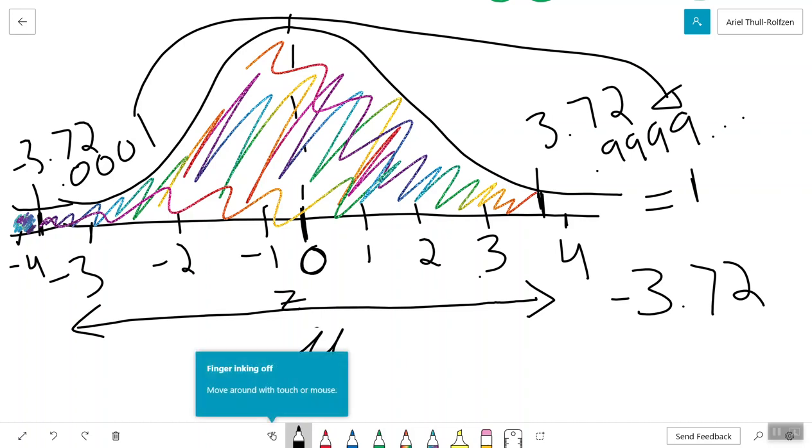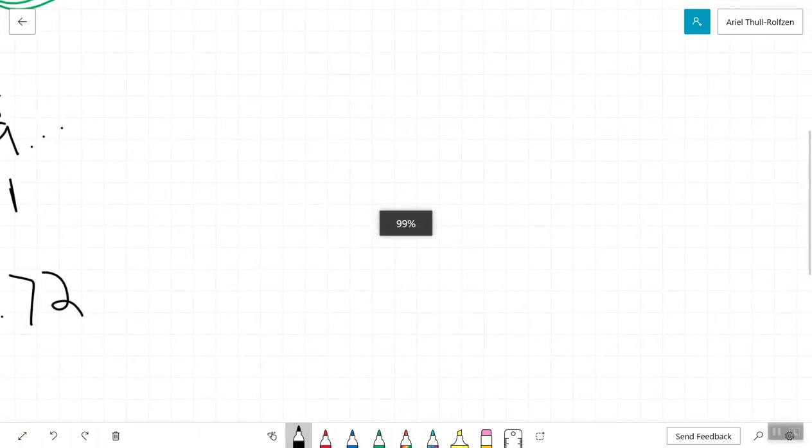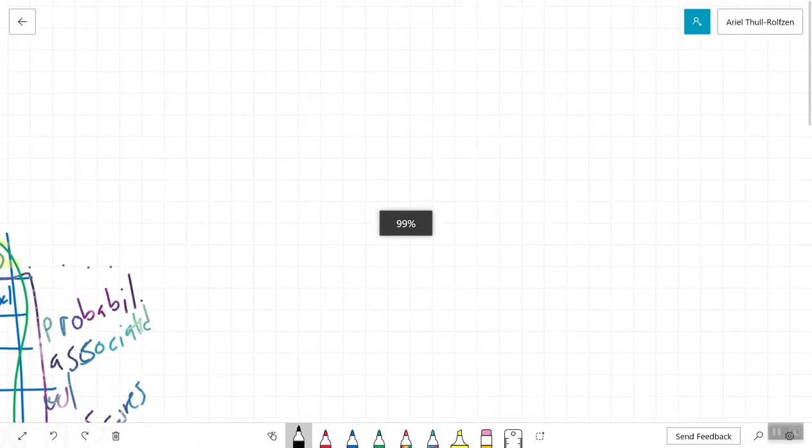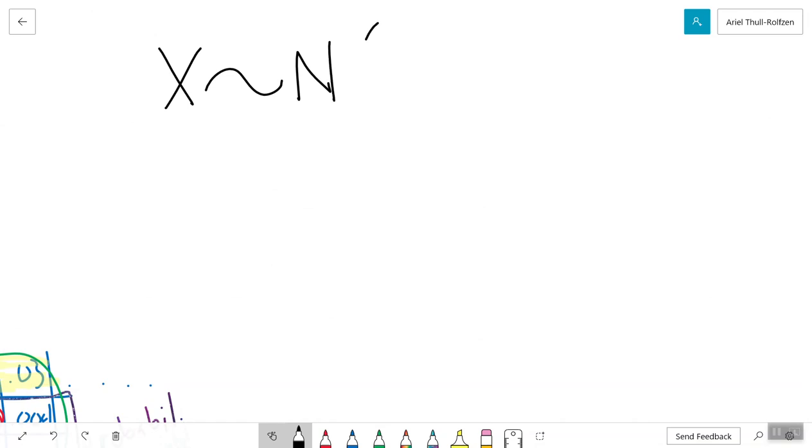Example 6.5 says the heights of mothers X are known to be normally distributed with a mean 65.78 inches and a variance 13.69 inches. Remember in the beginning when I said how this is written out, that X is normally distributed with mu, mean, and sigma squared, variance.